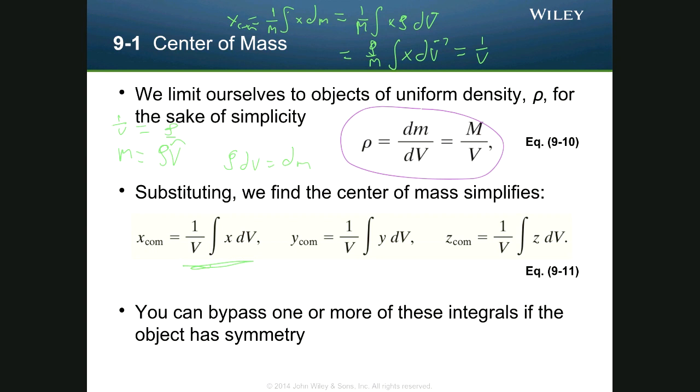But I want to point out that in this integral, it might be easier to understand this way: this volume is dx dy dz. If you have not taken calculus 3, you very likely have not seen an integral like this, but this is a triple integral where you're integrating over each dimension. I think it's more explicit this way than with just a volume integral, because volume integrals are kind of weird.